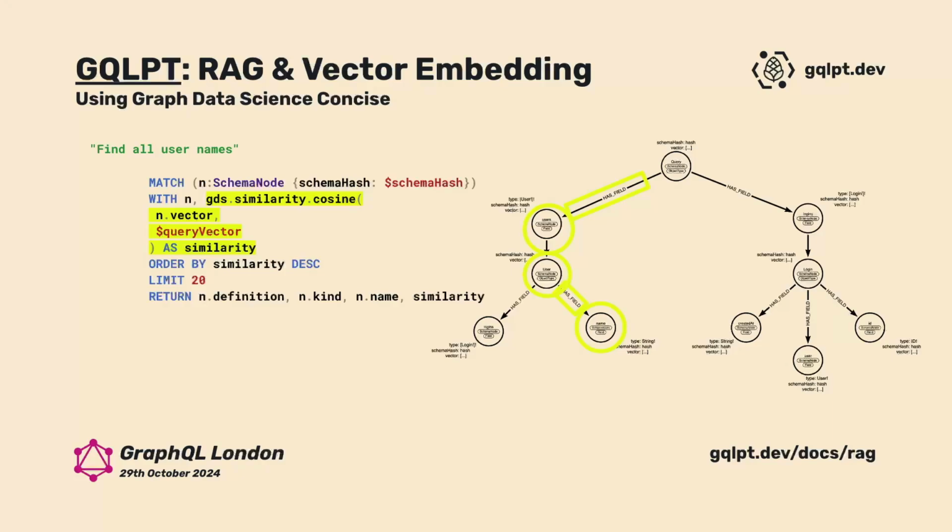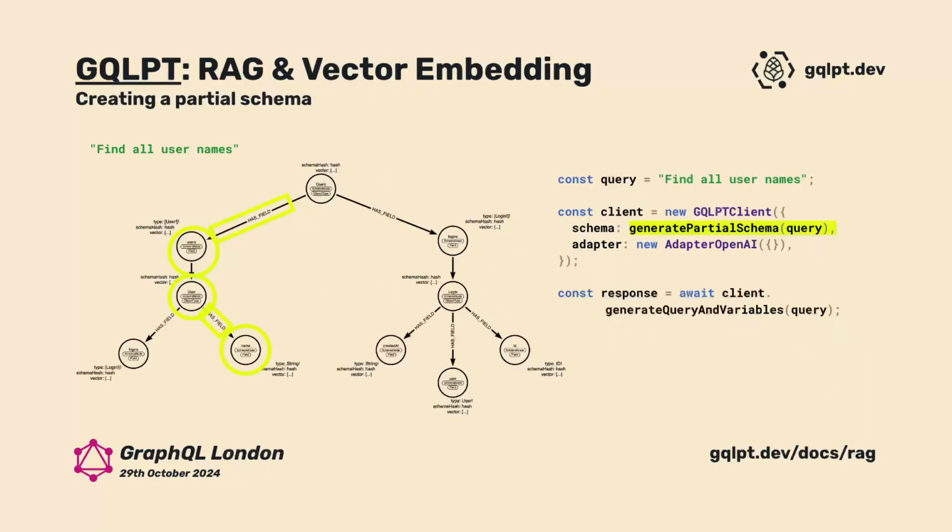So you can see here, highlighted in yellow, that from finding all of the usernames, before I actually talk to GQLPT, I'm grabbing a subset of the schema that's relevant to my query. Then once you have that subset, you can pass this directly into GQLPT as you would normal type definitions, a normal schema, but it's going to be maybe a fraction of the size because you've already leveraged your vector store to reduce the size of that schema.